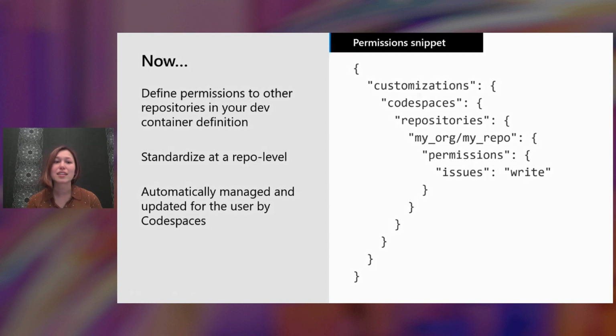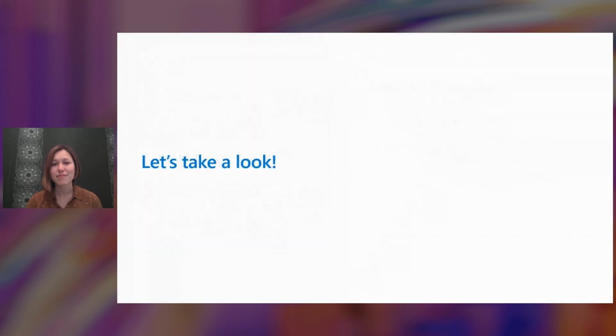And as I point out here, this allows Codespaces as the service to automatically manage and update permissions as you update this permission snippet. So let's take a look at what this flow now looks like.